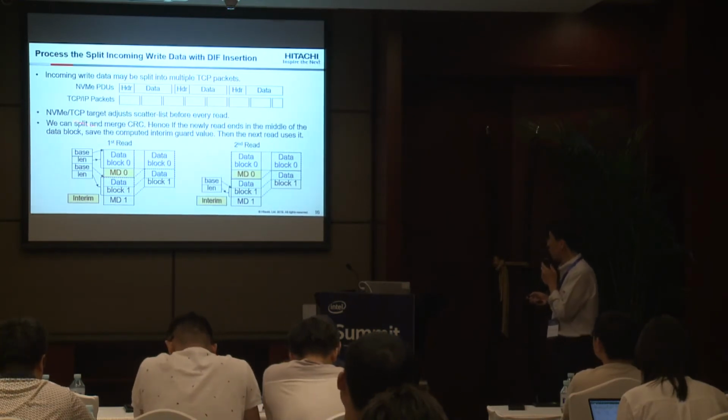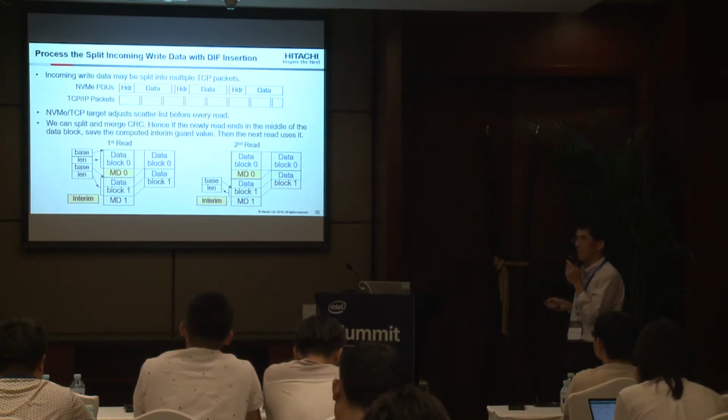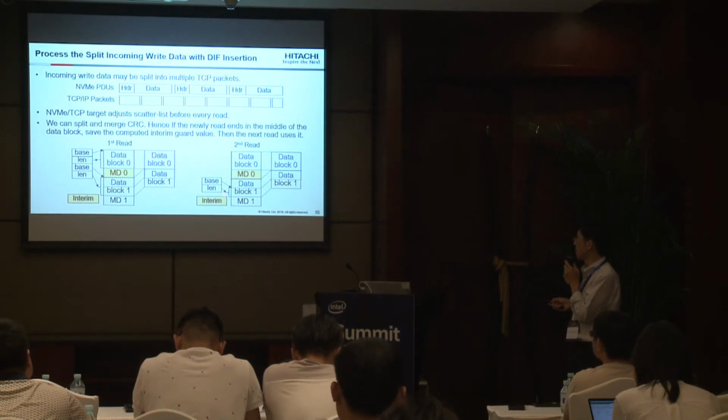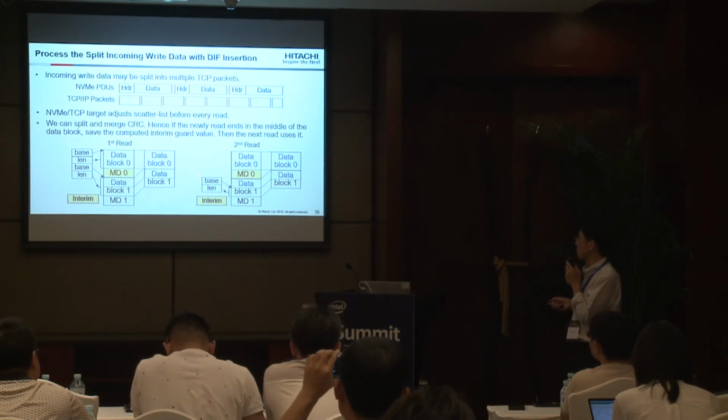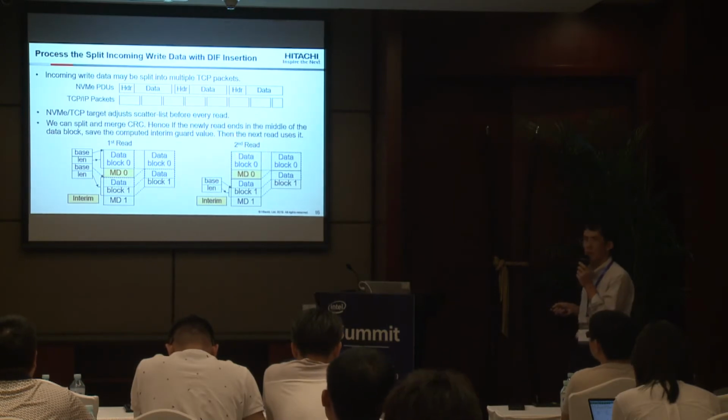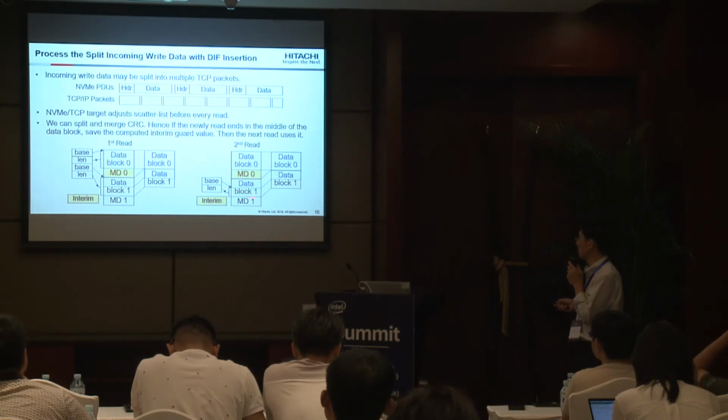When we try the second read, we create this scatter list to read the remaining block 1.